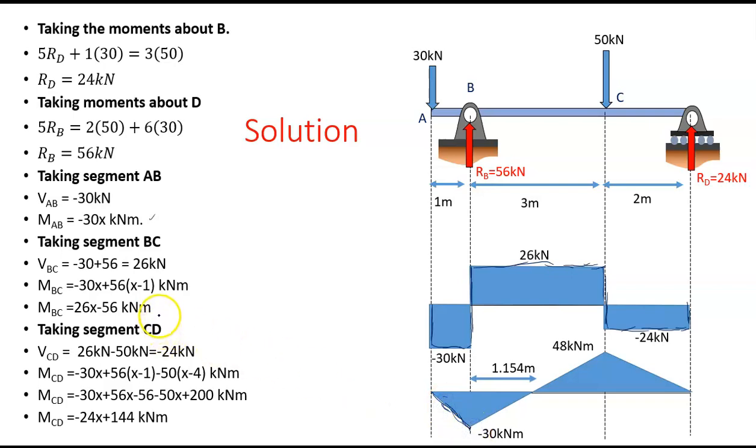And then from here it's 26x minus 56. So x here might be 4. We put that value in, we get this, and so on. I will show you how to do those on an Excel spreadsheet to plot those graphs. Okay, so that's our shear force and bending moment diagrams.